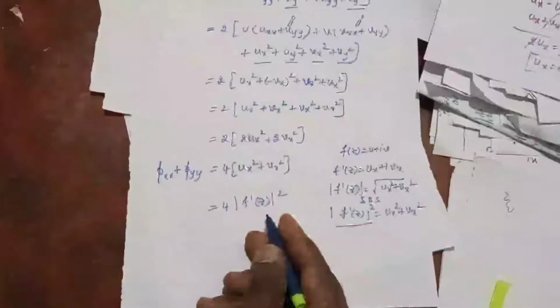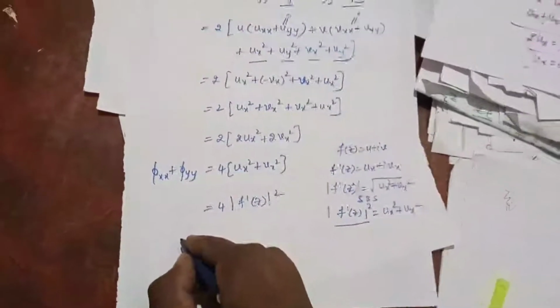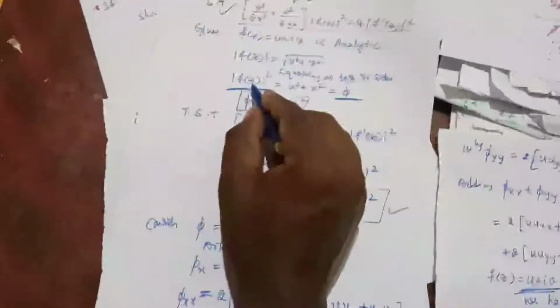Phi xx plus phi yy is 4 times modulus of f dash of z whole square. That means phi xx is dou square phi by dou x square. We go to the previous. Instead of proving this, we prove this here. Here modulus of f of z whole square is phi.